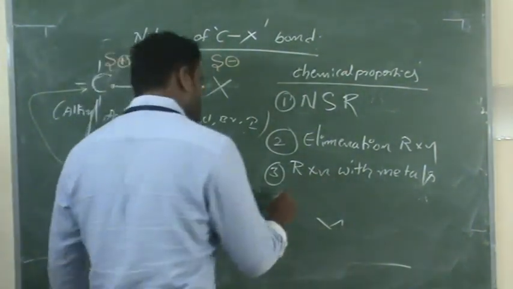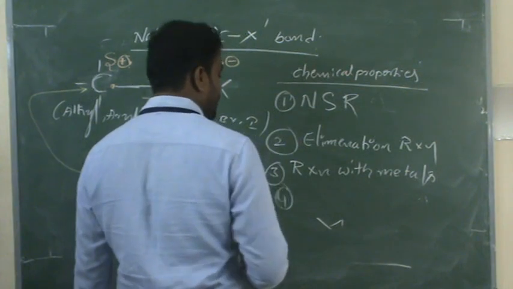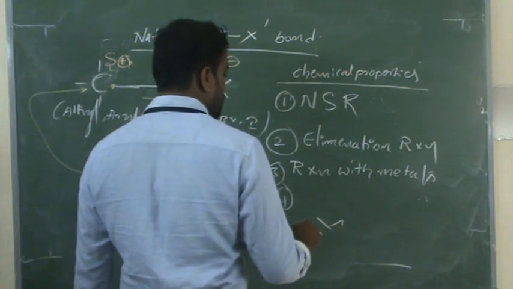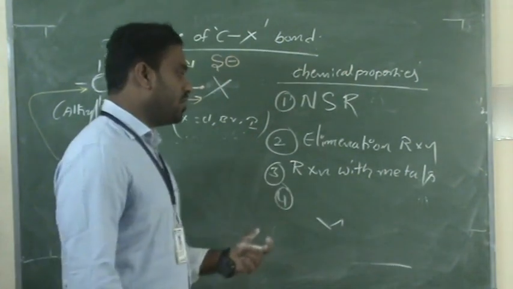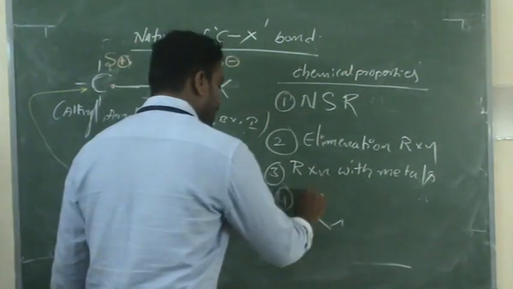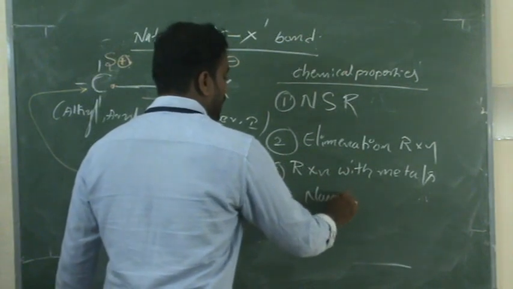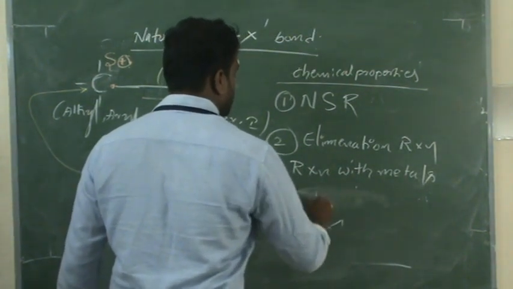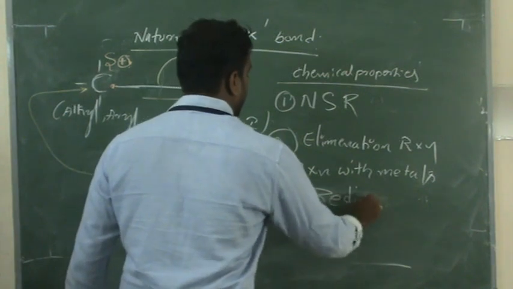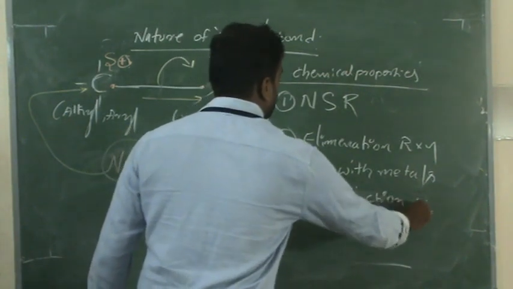Okay, and the fourth one, what is this? There are some named reactions, sorry, that we can call reduction reactions. Instead of named reactions, I can call them reduction reactions.